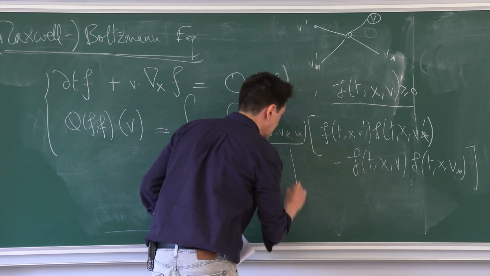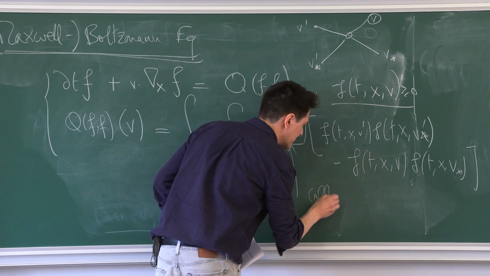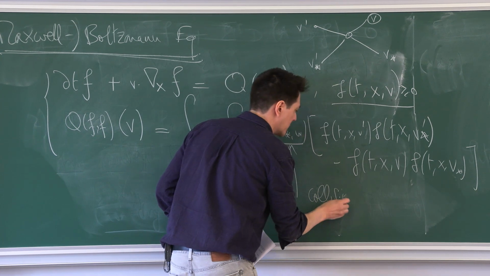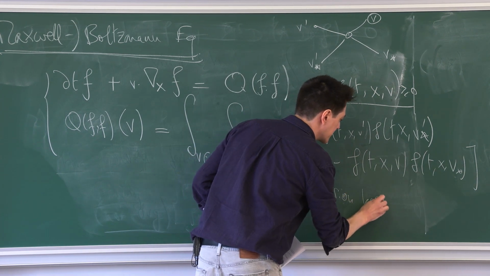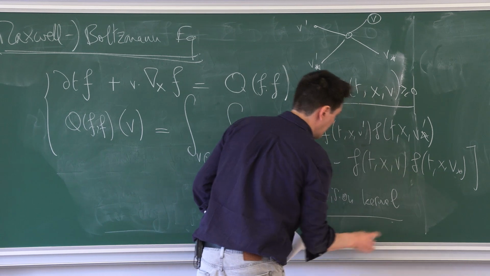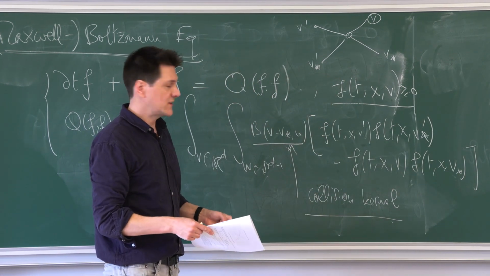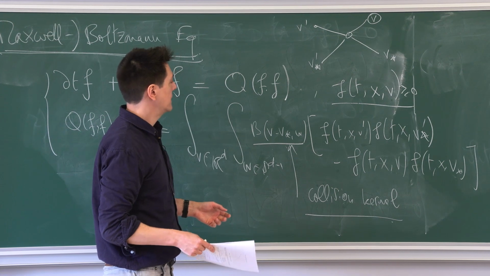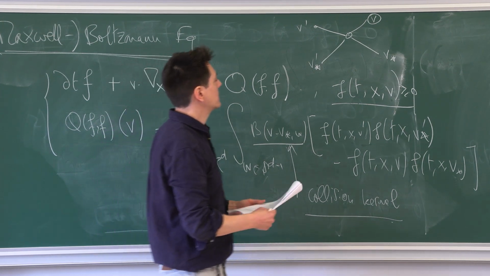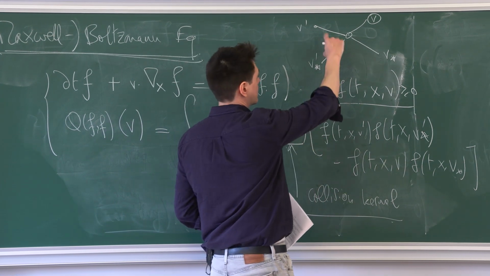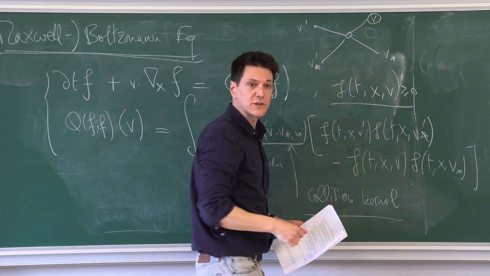That collision kernel encodes the relative frequencies of the collisions. And to compute it, you have to solve a sort of scattering problem and see how frequent it is that particles collide with that or that difference of angles before and after collision.